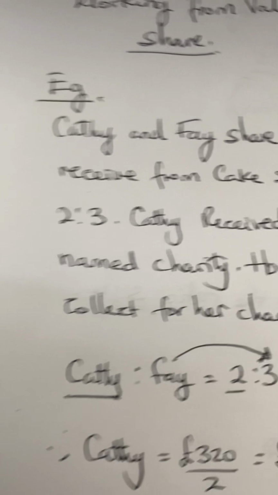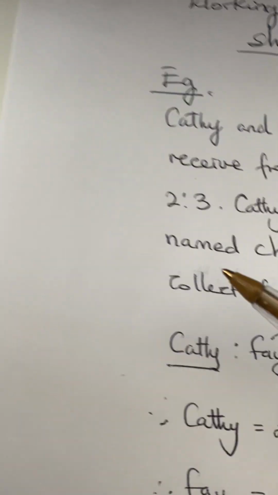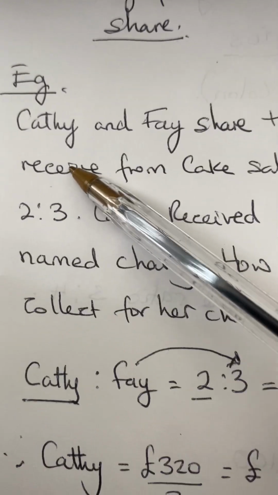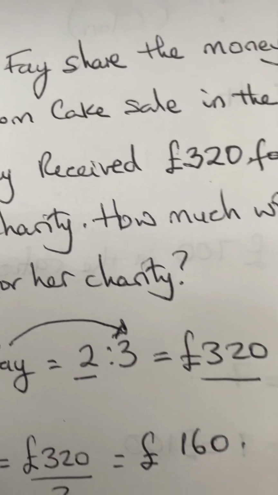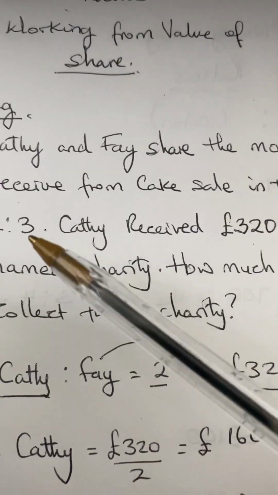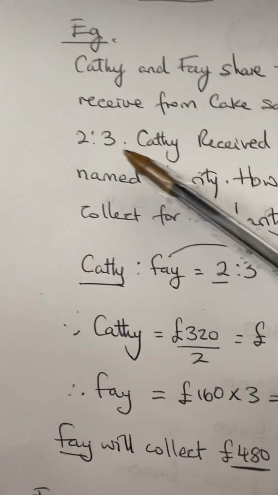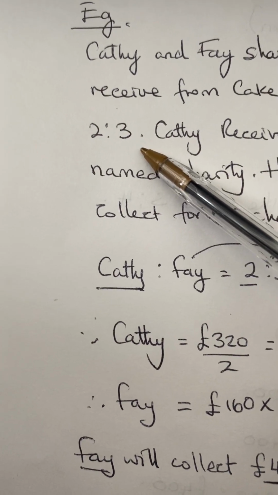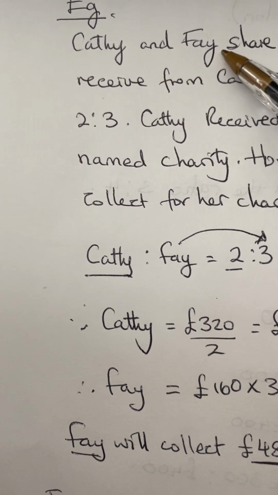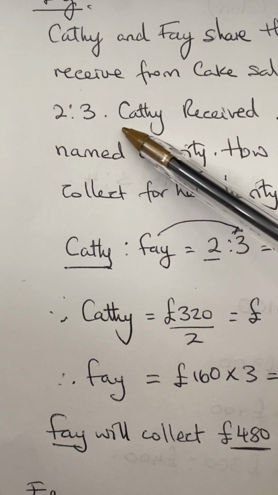Okay, here's an example and I'll show you what I mean. So the question is, Kathy and Faye share the money they receive from a cake sale in a ratio 2:3. So there was a cake sale between Kathy and Faye, and then they shared it in a ratio 2:3.